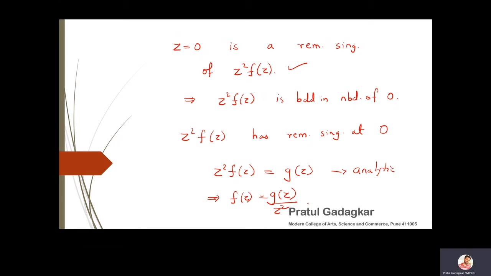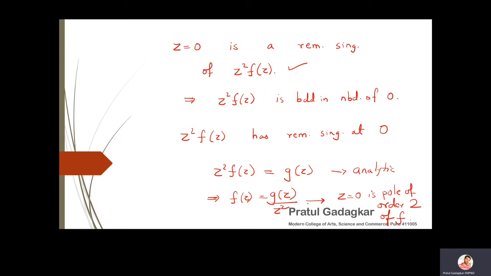So if f z becomes g z upon z square, what do you see in this particular function? You see that z equal to 0 is a pole of order 2 of which function? Of the function f.